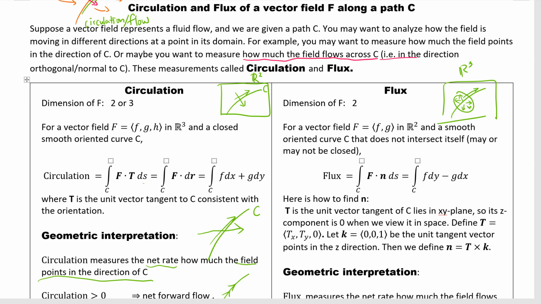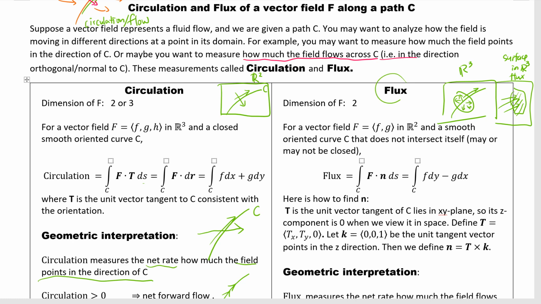But if we have a surface, then we can talk about the vector field going across it. So for a surface in R3, we can talk about flux. But for a curve in R3, we cannot talk about flux. Okay, that's why right now we're only looking at curves.